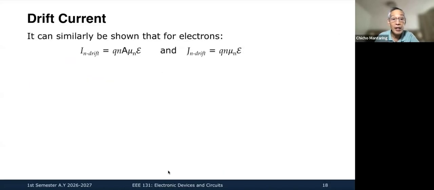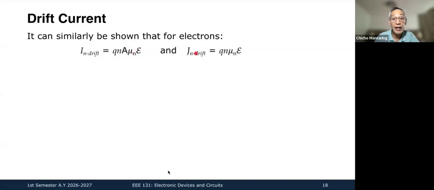It can similarly be shown that for electrons, this is my electron current. N times A is my volume. QNA is the total charge. Mu of E is my drift velocity.